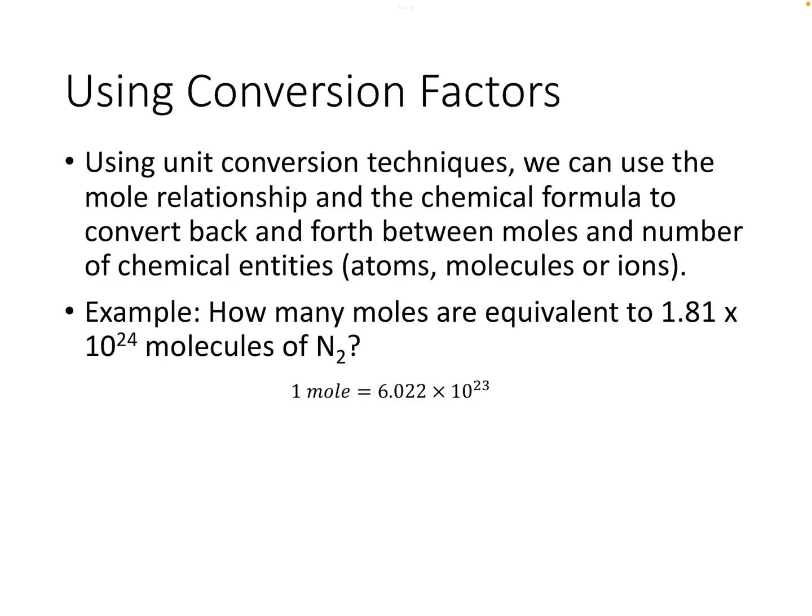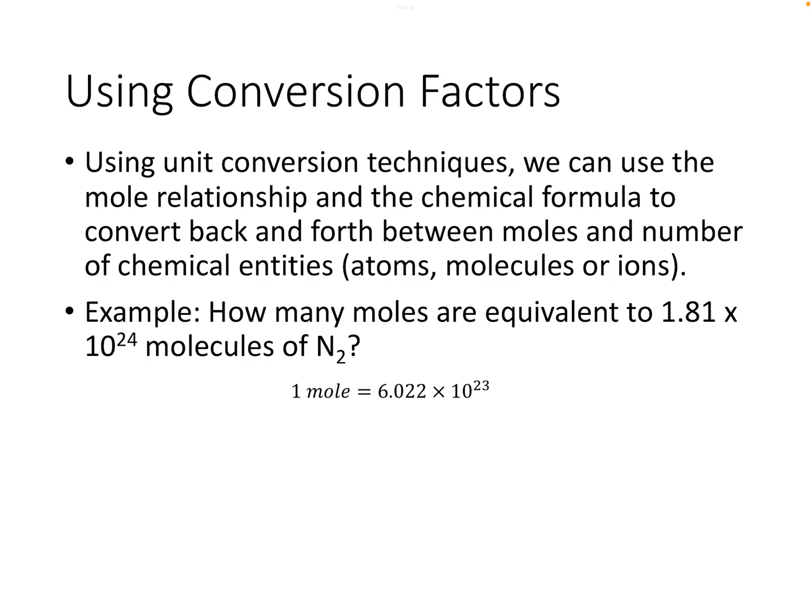So we can use that equality of 1 mole is equal to Avogadro's number of units as a conversion factor. We can use the mole relationship and a chemical formula to convert back and forth between moles and number of chemical entities. So let's start simple.